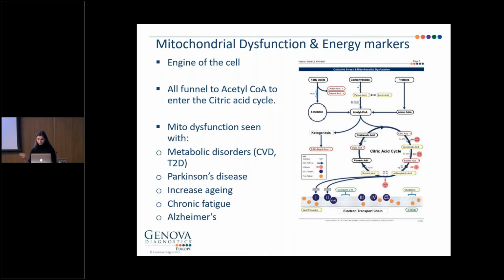Specifically, I've listed a few key ones, but this is not exhaustive. There are so many conditions that require good mitochondrial health. Starting with metabolic disorders, like cardiovascular disease, is a really key one because our hearts have so many mitochondria within them.